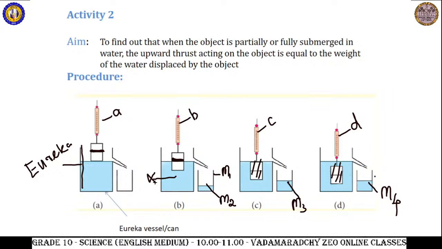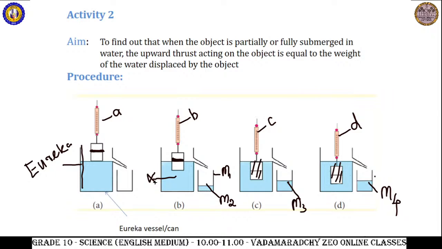So if any volume of an object is immersed in water, that volume of water will be displaced. This is the fact we have already studied: as water can't be compressed, if we insert a volume of another object into the water, that volume of water will be displaced.